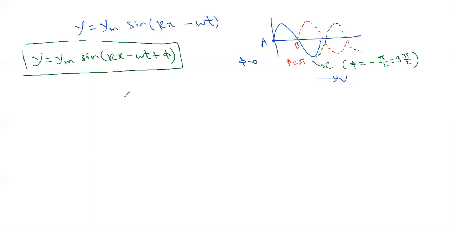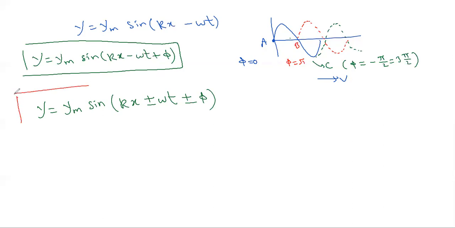But if a wave is traveling either towards left or towards right, and phase is positive or negative, we have no information about what the phase could be. So the most general form of this equation can be sine of kx plus minus omega t plus minus phi. So this is the most general form of the equation.